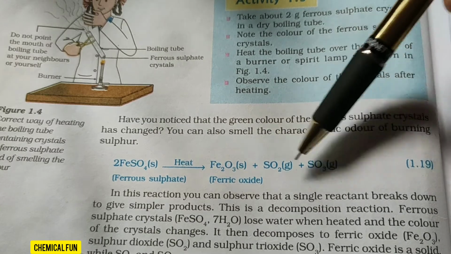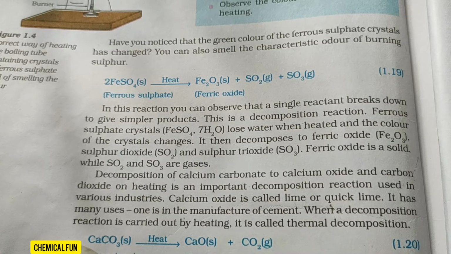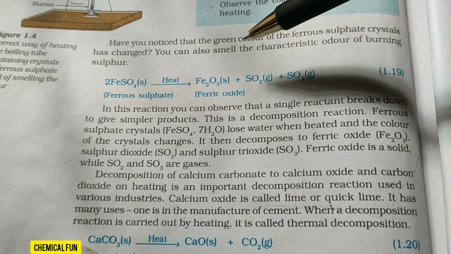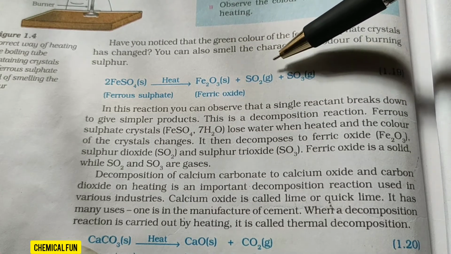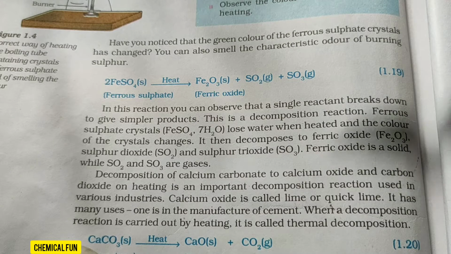So as I said, a single substance breaks down to give 2 or more products, here 3 products, so it is a decomposition reaction. That's it, as simple as that.